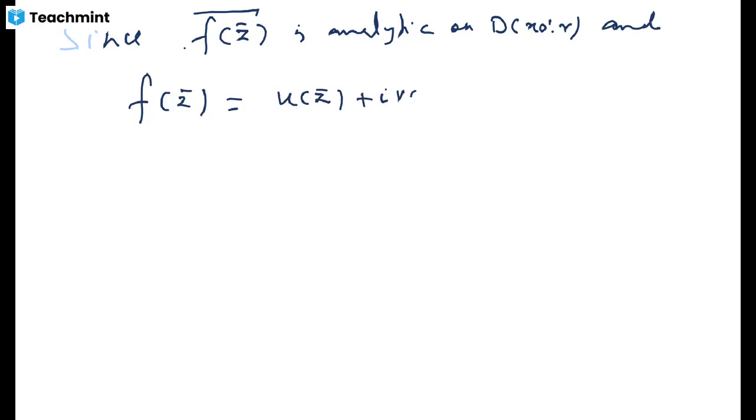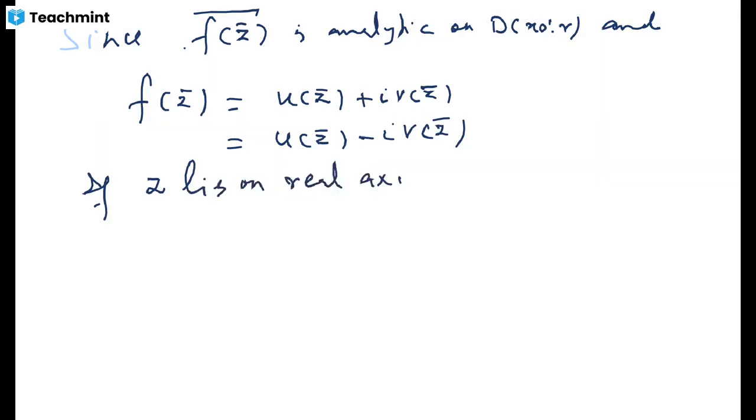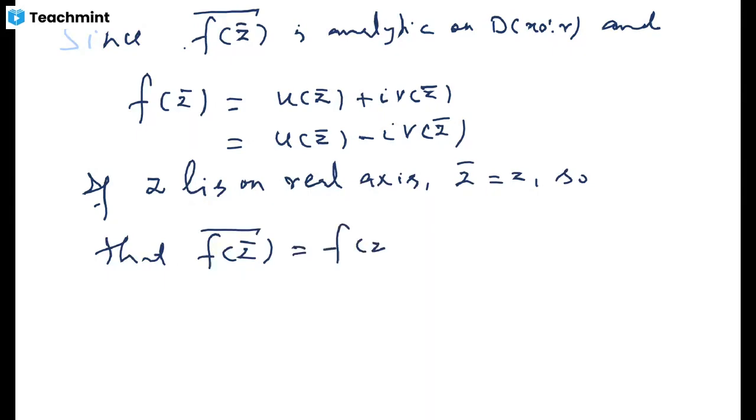plus i times v of z conjugate. Okay, but v की एक्सटेंशन कैसे आपने डिफाइन करी है? v की एक्सटेंशन सेटिस्फाइज दिस थिंग, minus i v z. ठीक है, now if z lies on the real axis, तो उस वक्त आपके पास z conjugate equal to z होगा, so that the conjugate of f of z conjugate will be the conjugate of f z, and this will be u z minus i v z whole conjugate, which is nothing but u z plus i times v z.